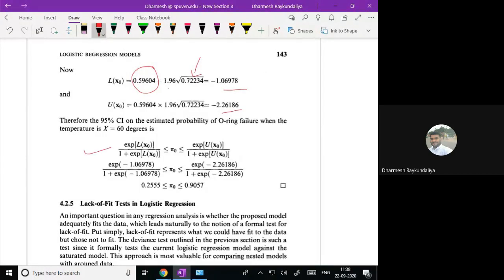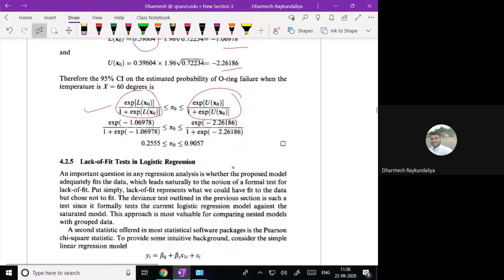Just take the probability: this is the lower limit formula for the probability and this is the upper limit. Substitute these values and you will get this. So if the temperature is 60 degree Fahrenheit, what is the probability with 95% confidence interval that the O-ring fails? It is 0.25 to 0.957.